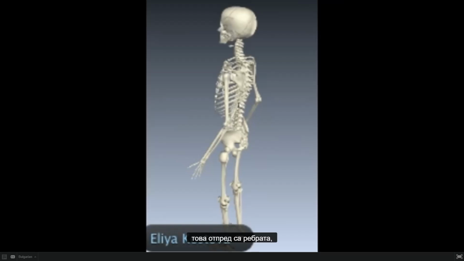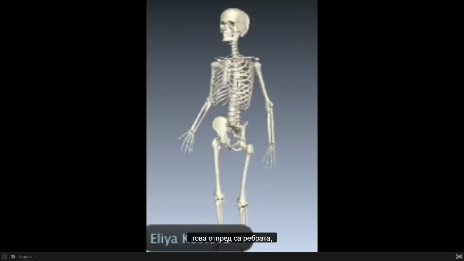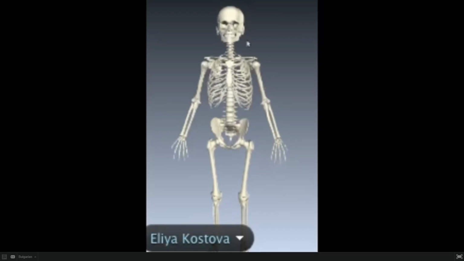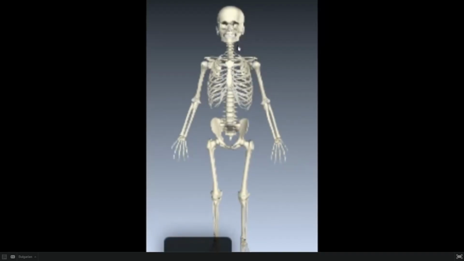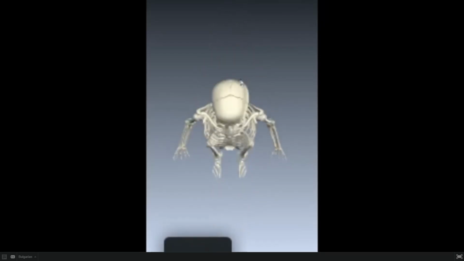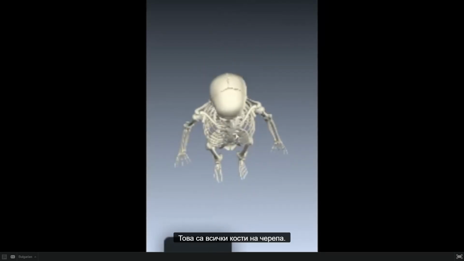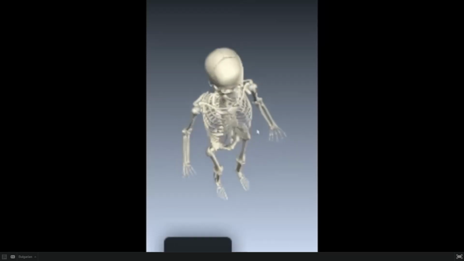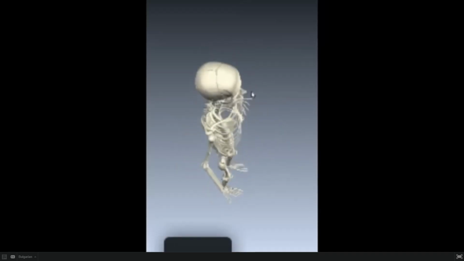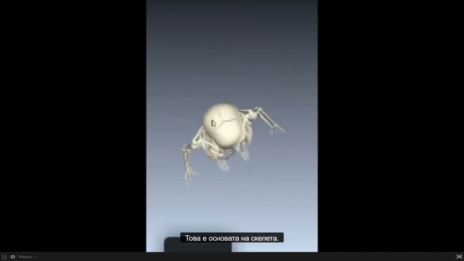Then when you go in front, these are all the ribs of your body, and the skull. I will try to make it visible for you. These are all the bones of your skull. This is the base of your skeleton.